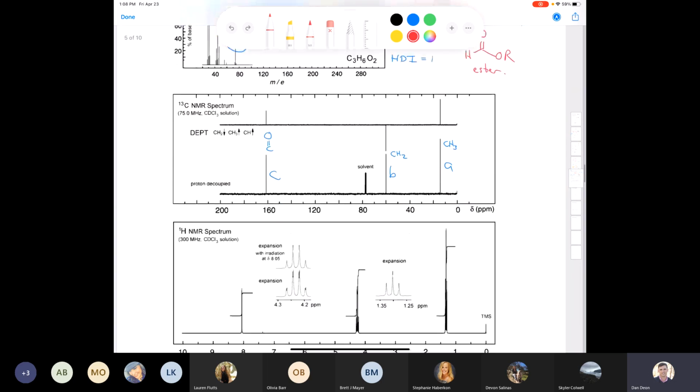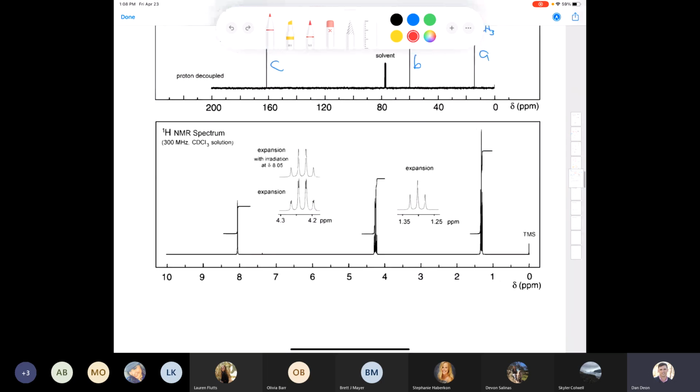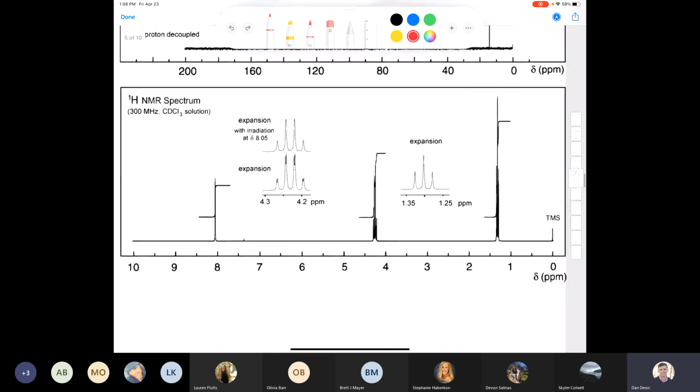Now let's go ahead and take a look at our proton NMR spectrum. So we've got 3 signals, A, B, and C. I've gone ahead and measured the integration, the step curves already, this one here, this one here, this one here. I've got a total of 6 protons in my molecule. This signal integrates for 3 protons.